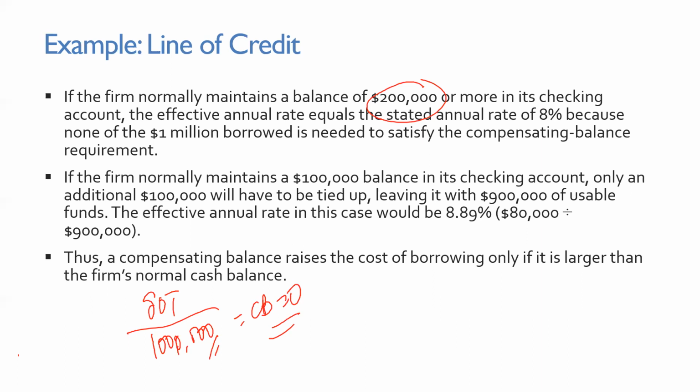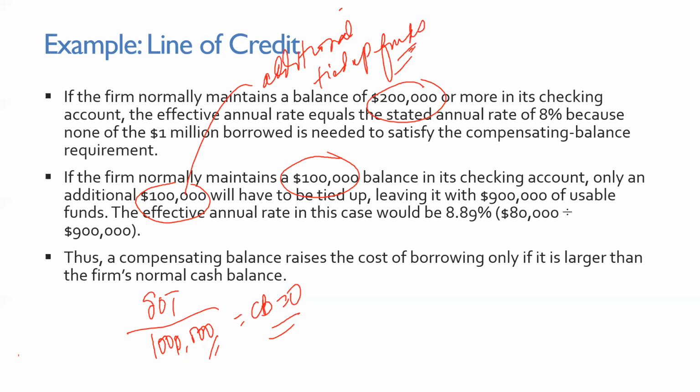However, if 100,000 lang yung checking account, kailangan mo pang magdagdag ng additional 100,000 na hindi mo usually gagawin. Meaning, this 100,000 is additional tied up funds. Right? And so therefore, it will reduce the denominator.